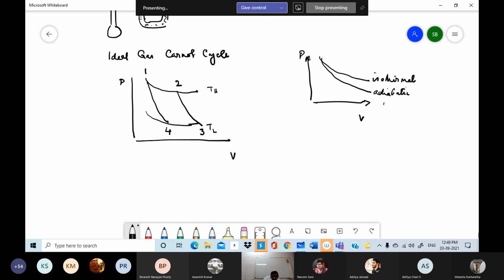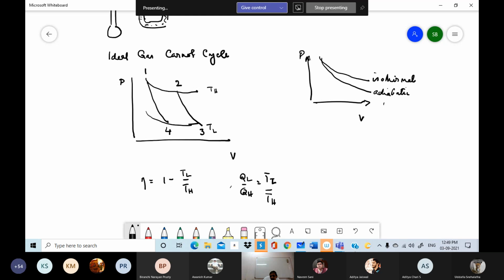When we do that, it turns out that the efficiency of this cycle, and you have QL by QH is equal to TL by TH.